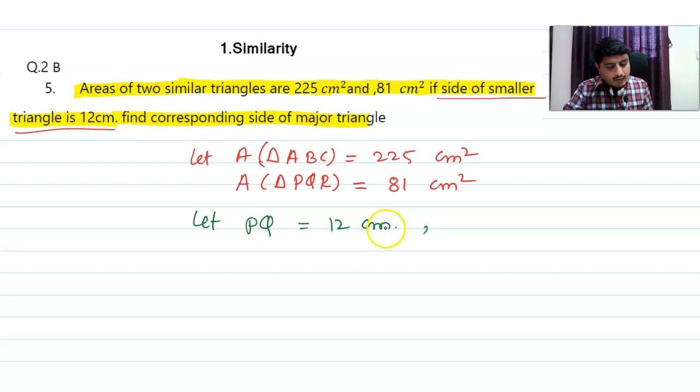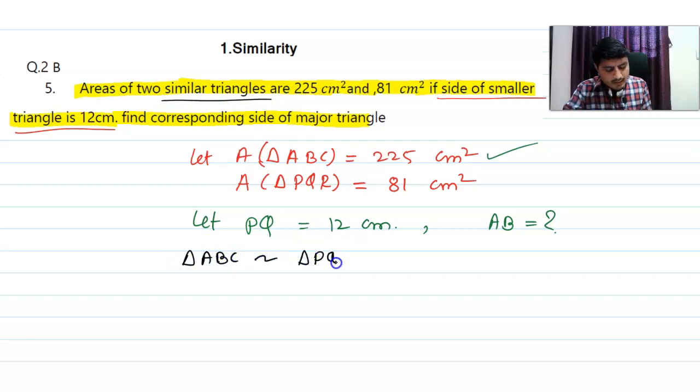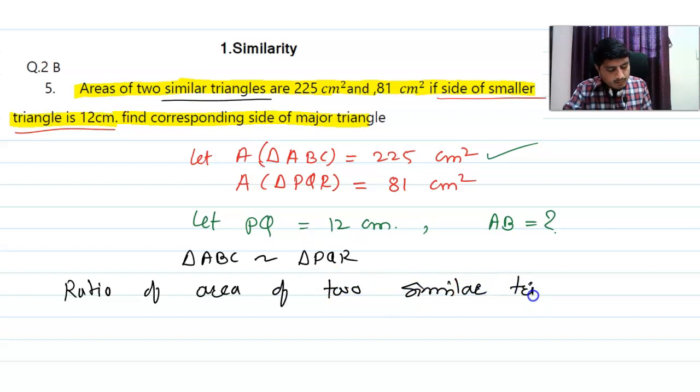We have to evaluate the corresponding side of the major triangle, the triangle ABC. So PQ's corresponding side is AB, that means here we have to evaluate the value of AB. Now we have given that triangle ABC and triangle PQR are similar, so we can use the theorem, the ratio of areas of two similar triangles theorem.